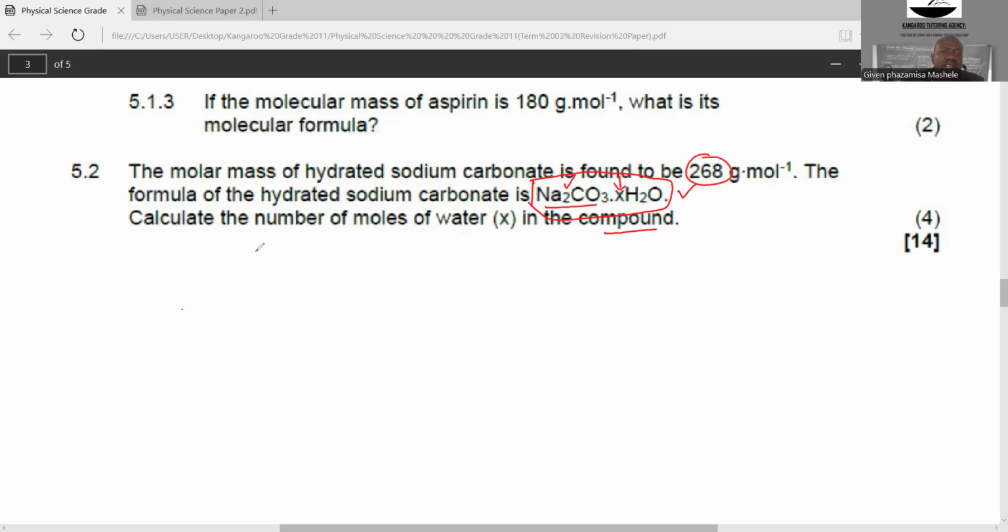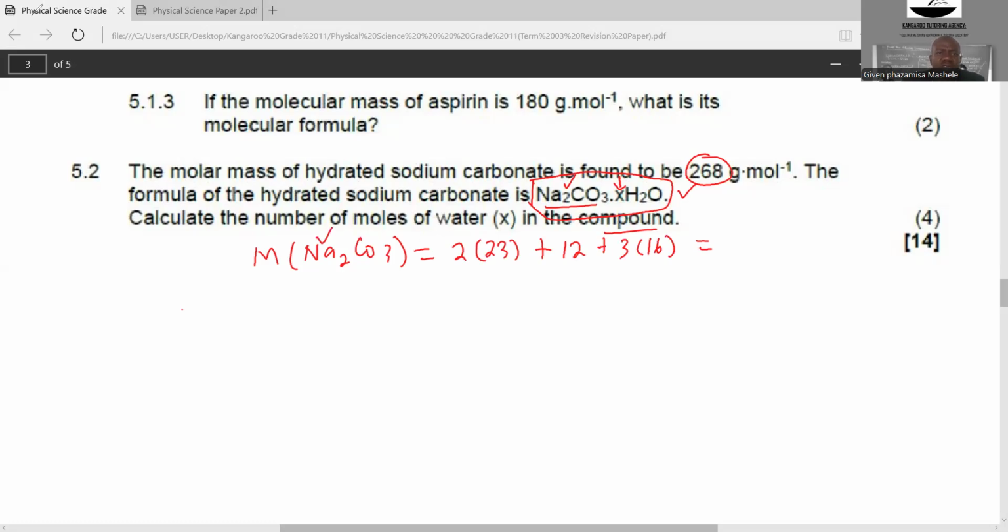So let's calculate the molar mass of just sodium carbonate. The molar mass of sodium carbonate is 2 times 23 for sodium from the periodic table, plus 12 for carbon, plus 3 multiplied by 16. Because we have 2 atoms of sodium, 1 atom of carbon, and 3 atoms of oxygen.